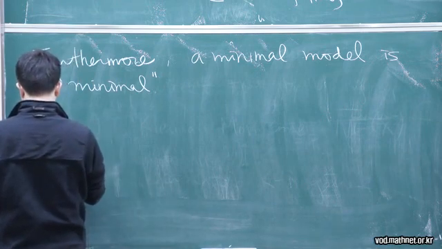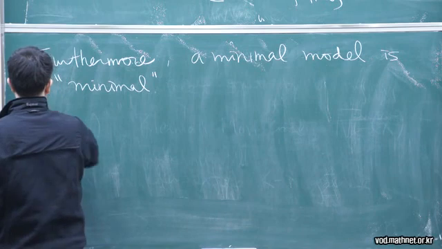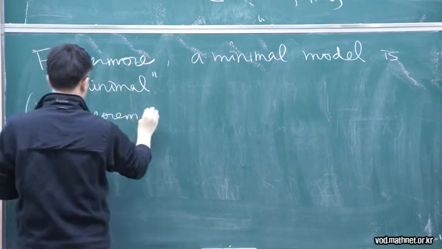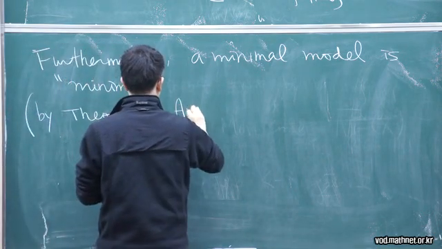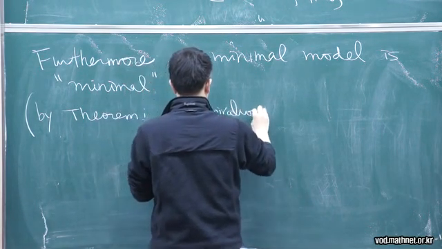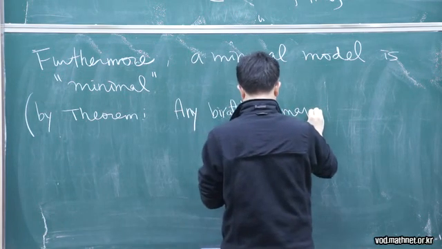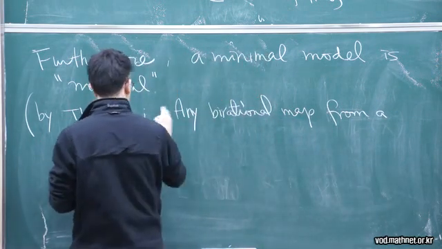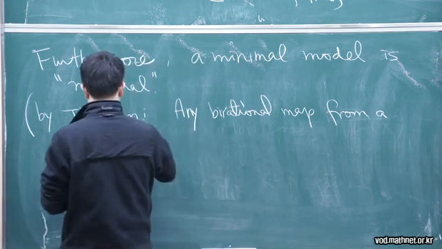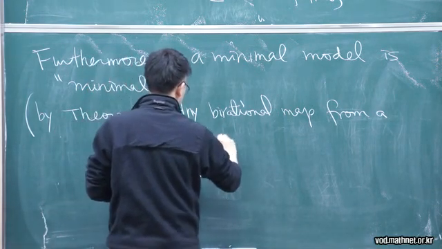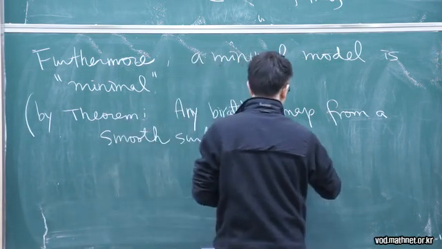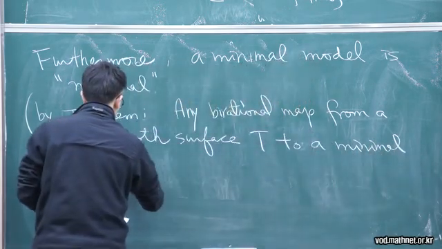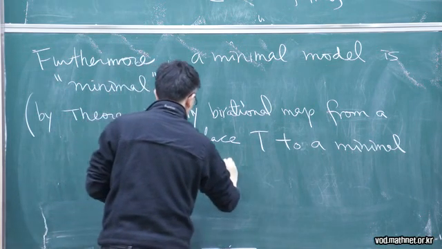This follows from a theorem in Matsuki's book: any birational map from a smooth surface T to a minimal model is a morphism.